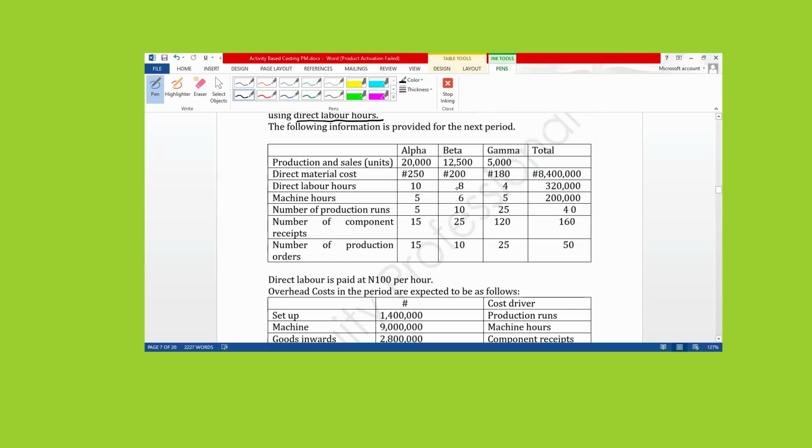Because if you add 10, plus 8, plus 4, it will not equal 320. We are going to explain later how they got 320. But the total direct labor hours is 320,000. Now pick these two.